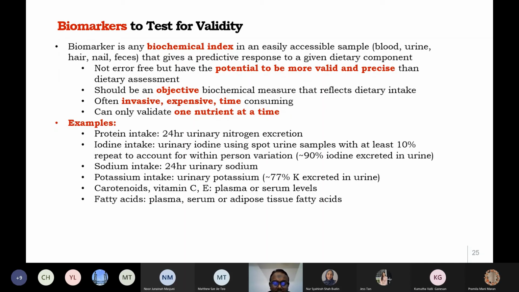This biomarker should be an objective biochemical measure that reflects the dietary intake, and often it's invasive. To draw blood and urine is not that invasive, but to draw blood and other things, urine, nail, hair, feces, is invasive.